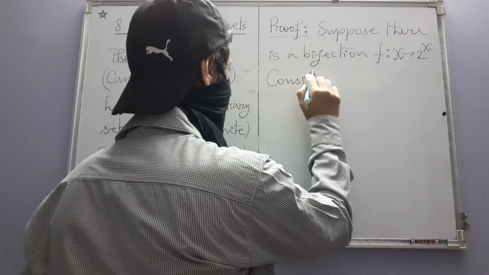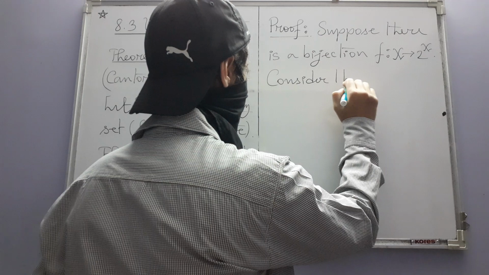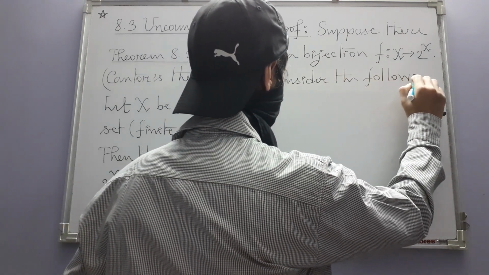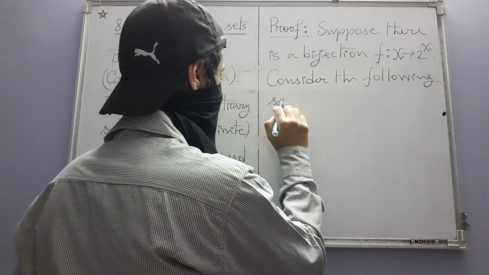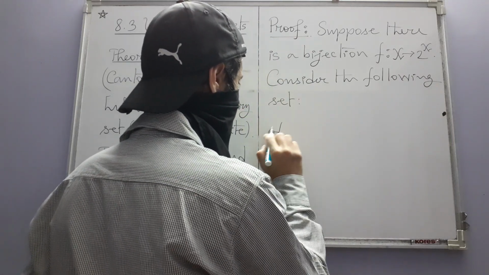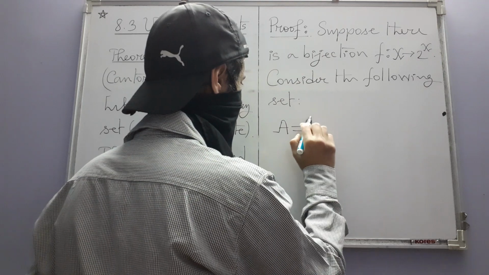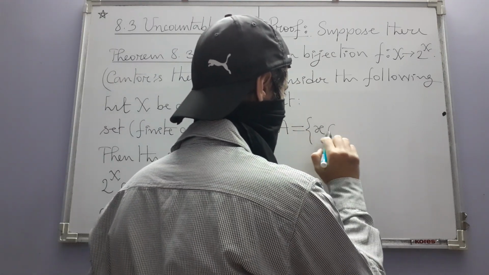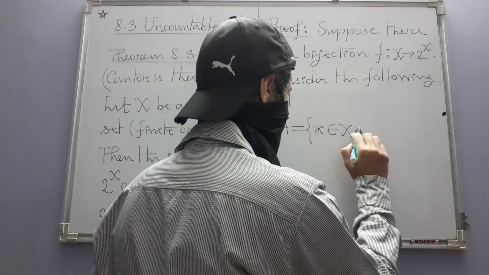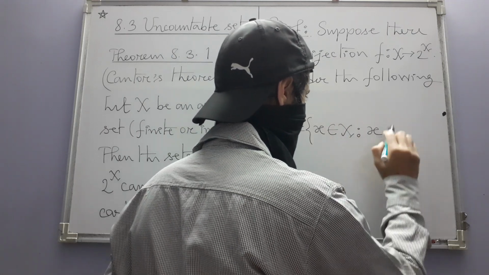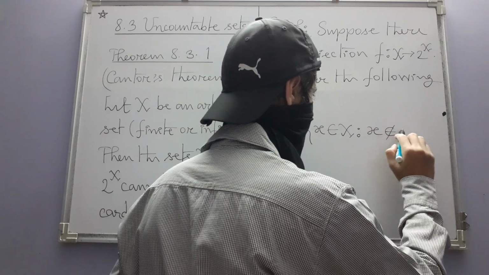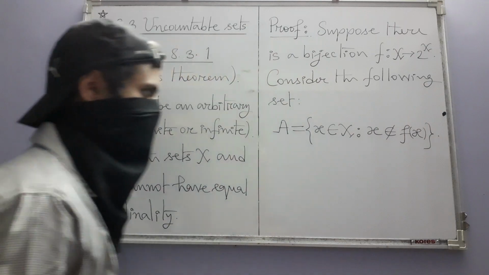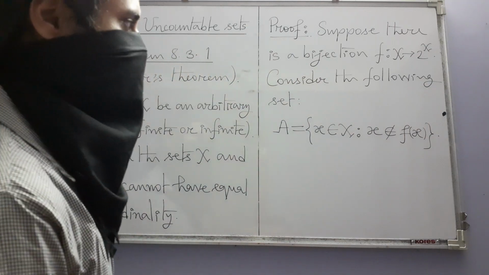Consider the following set A, where A is the set of those elements x in X such that x does not belong to the image of x under f, that is, x does not belong to f(x).